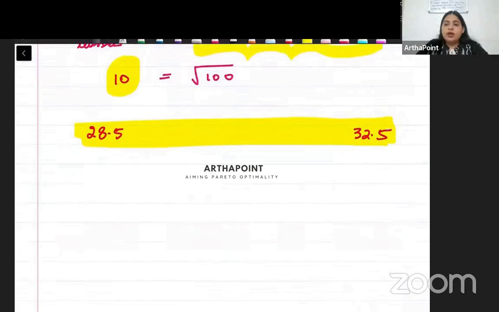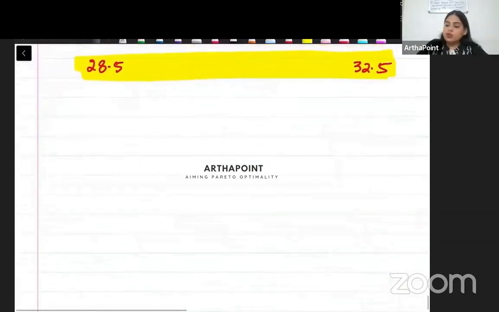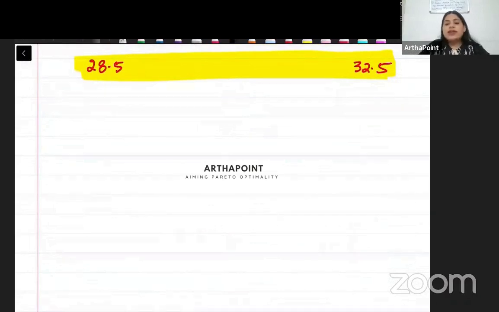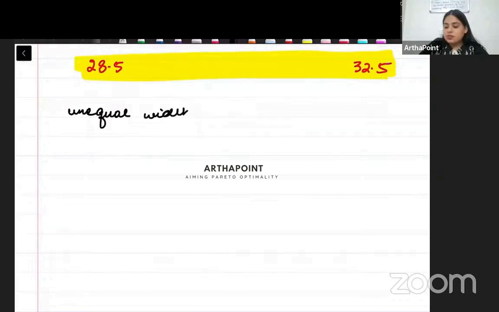Now, when I talk about my histogram, I have already told you that not always equal width is desirable. A lot of times you will have to go with unequal widths. Equal width का क्या मतलब हो गया?